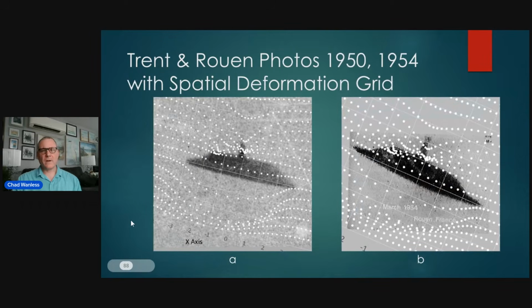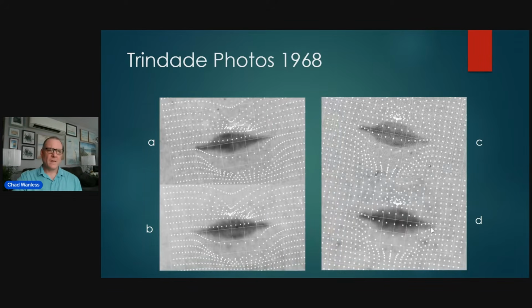Same thing with Rowan photos from 1953. It's similar, if not identical craft. It's a little bit more detailed. The upper warp nacelle again is tilted and even farther to the left, and then you can see a bit of a bulge on the right versus the left. The Trinidad photos from 1968 also show the same thing in 2 of the 4 photos.